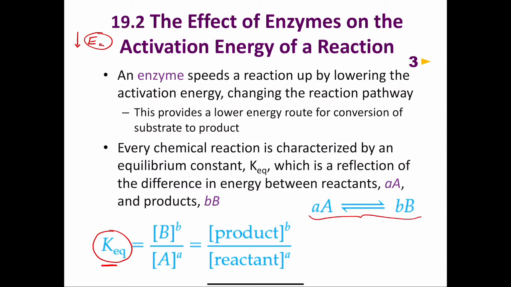It's just a measure of the relative stabilities of reactants and products. No matter how the reaction occurs, the difference in energy between the reactants and products is always going to be the same. So for this reason, an enzyme can't alter the equilibrium constant for the reaction that it catalyzes. It can only provide a lower energy path for the conversion of the reactant to product, and in this way, it speeds up the reaction.